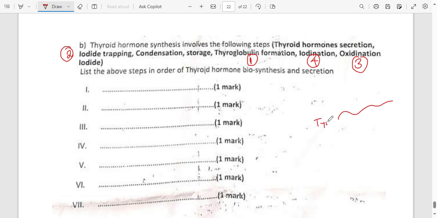Imagine this is tyrosine here, and then you have added iodine to it. So you are adding iodine, iodine, there iodine. Actually some of these iodines have got one tyrosine, others have got two tyrosines. Let's say I've got iodine attached to one tyrosine, that is called monoiodotyrosine.